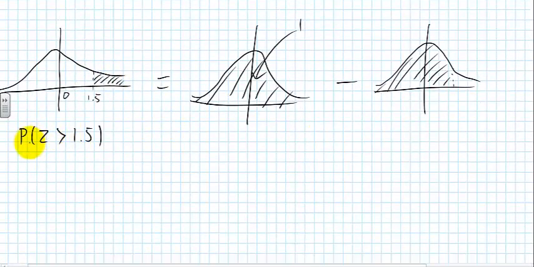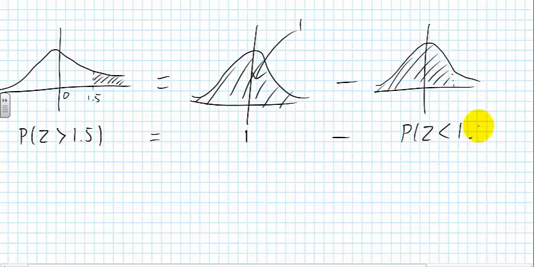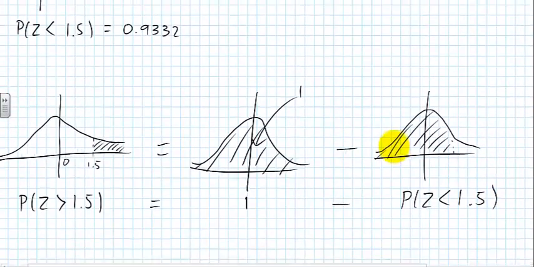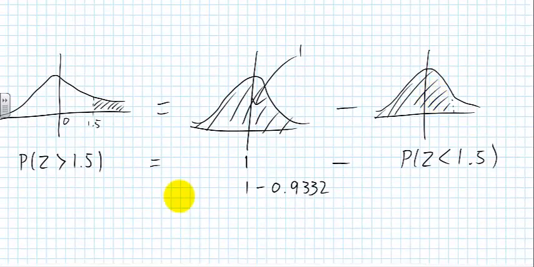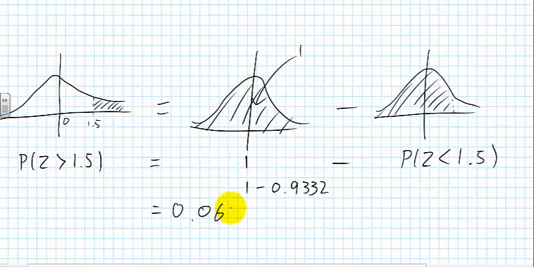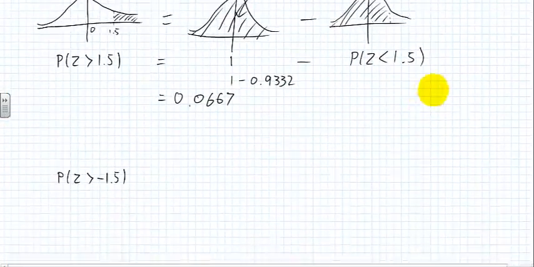So what I can write is probability of z being bigger than 1.5 is equal to 1 minus probability of z being less than 1.5. Actually, I already worked out what that probability is, so let's just copy that down. So that's going to be 1 minus 0.9332. So the answer is 0.0667. So that's the second one done.